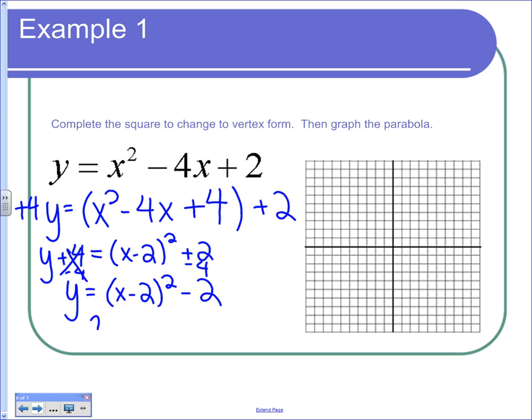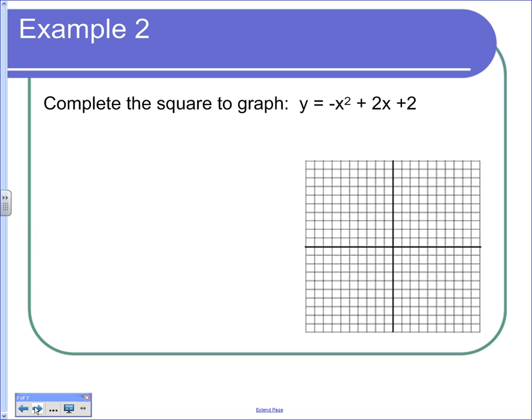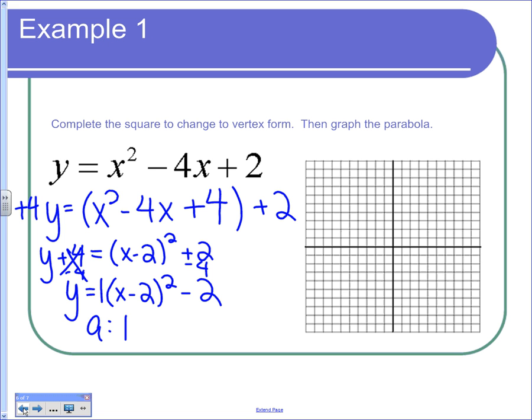Our a is 1. Why is it 1? There's nothing right here. You can put a 1 there. We will. I don't know if the next one has a negative. But. So our a is 1. Is this one going to open up or down? Why is it going to open up?